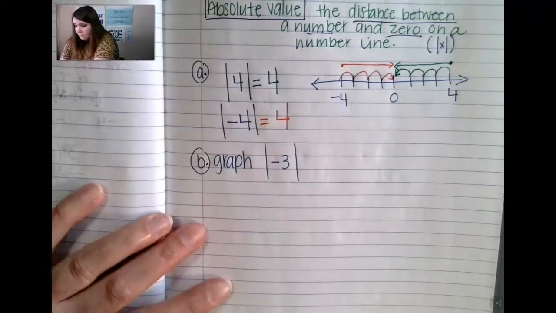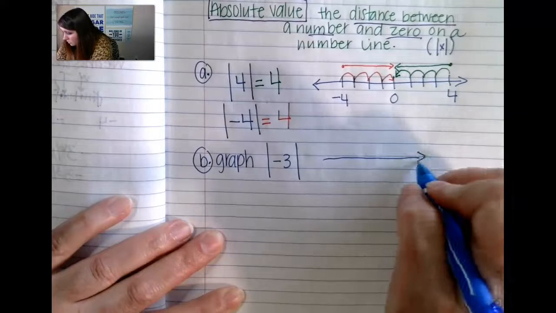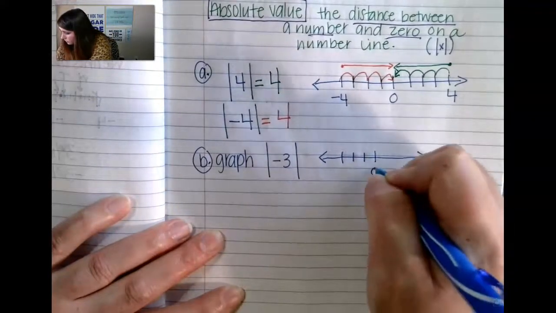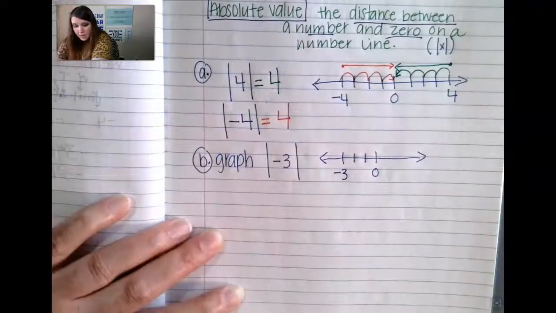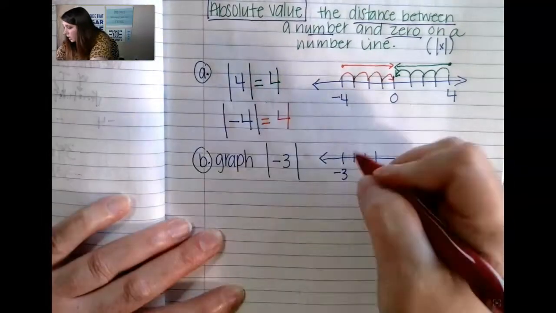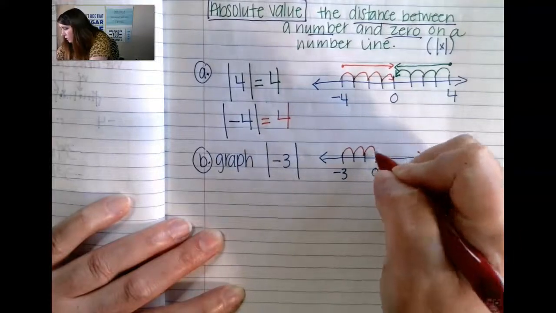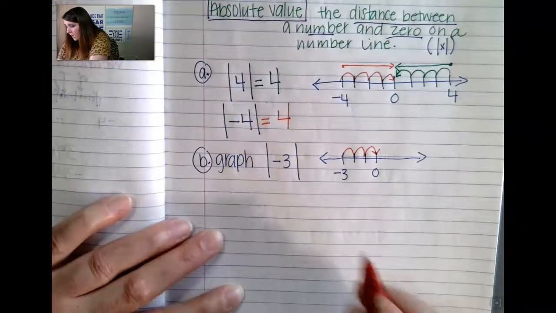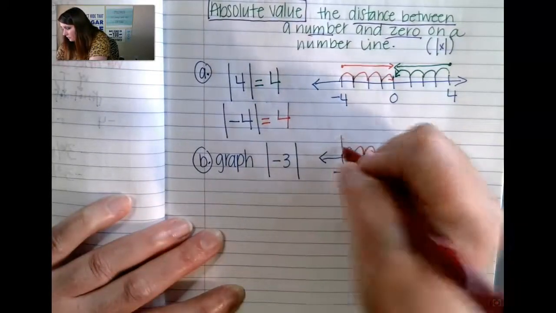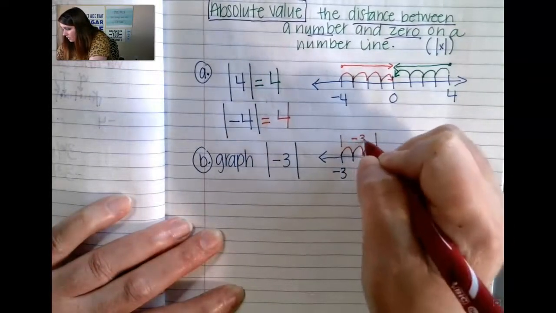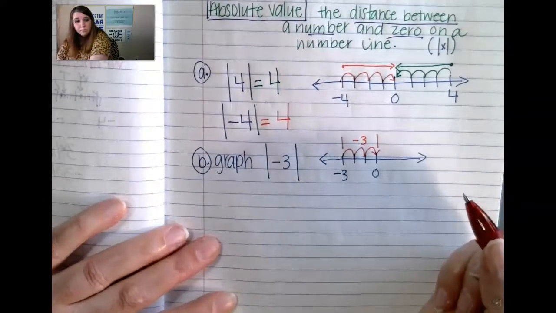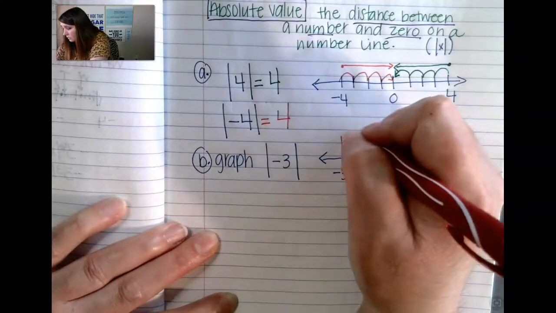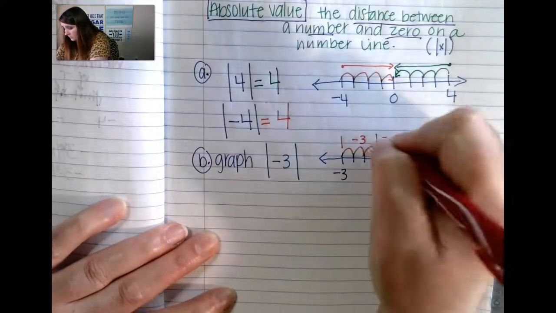Well, negative 3 jumps 1, 2, 3 times to get to 0. So the absolute value of negative 3 is a positive 3 because it's 3 jumps.